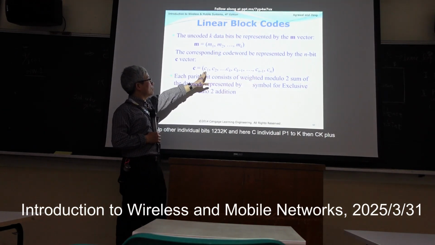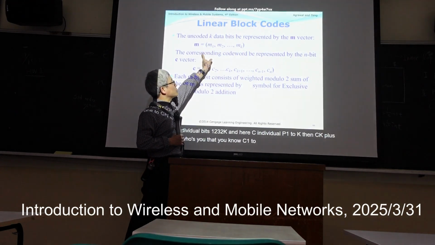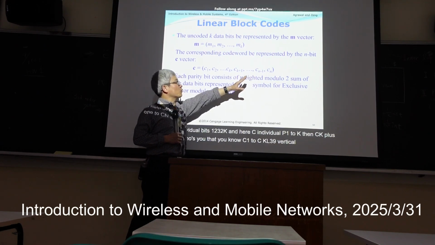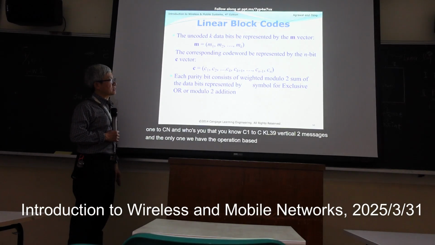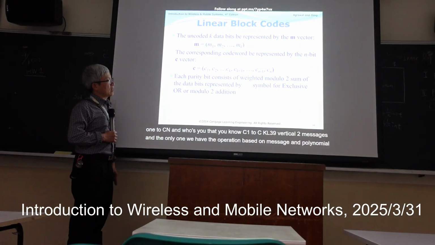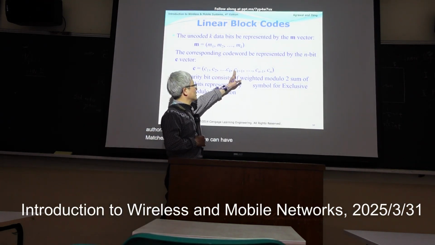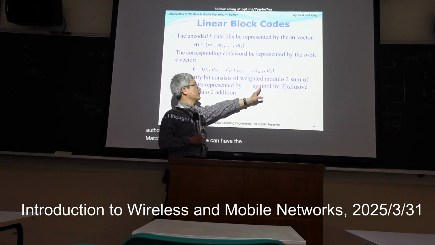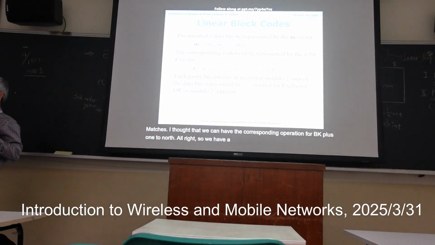Please see that C1 to Ck is identical to the message. And for the remaining ones, we have an operation based on the message and the parity matrix, so that we can have the corresponding operation for Ck plus 1 to Cn. Alright, so we use modulo addition to get the results.